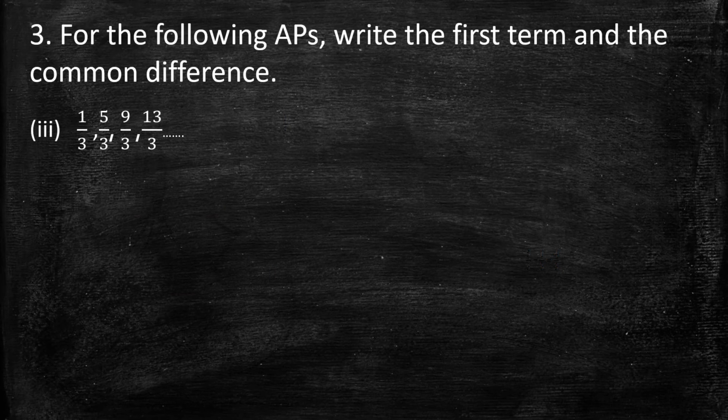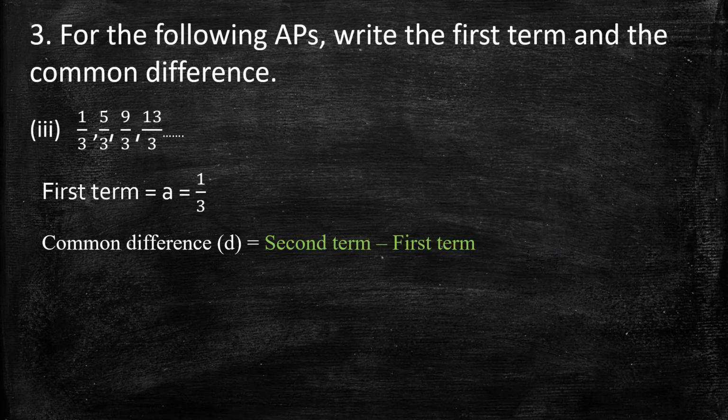Third main, third question. 1 by 3, 5 by 3, 9 by 3, 13 by 3, and so on. So, what is the first term? 1 by 3. So, A is 1 by 3. What is the common difference? It is the difference between any term and its preceding term. So, second term minus the first term or the third term minus the second term.